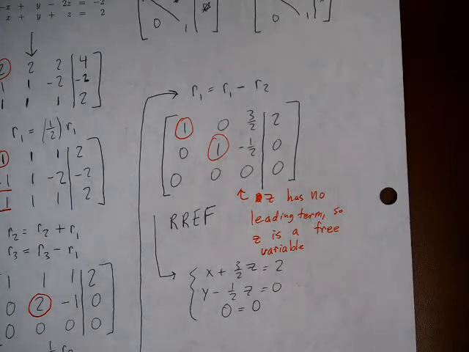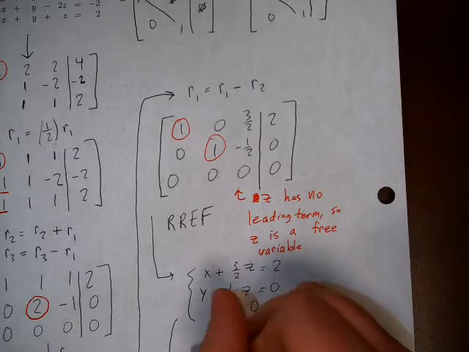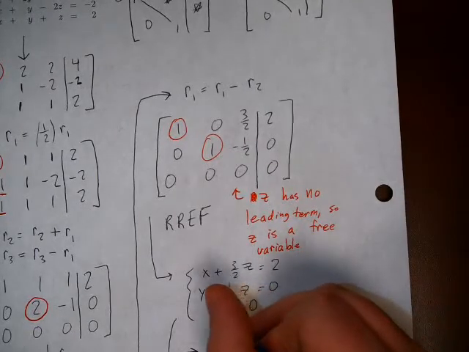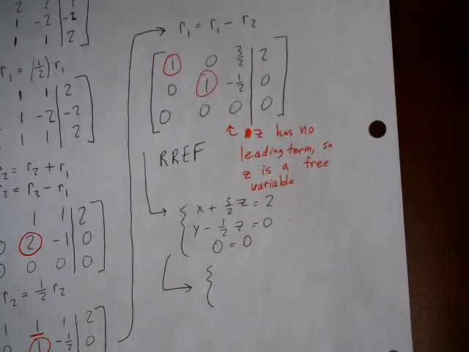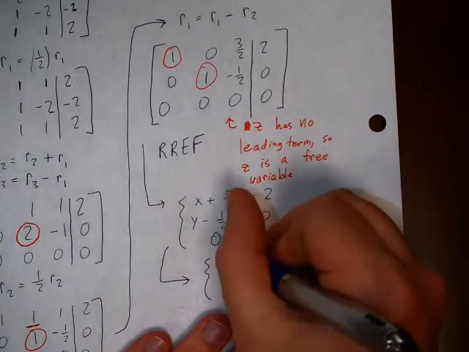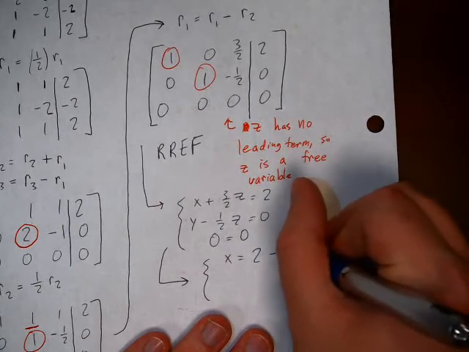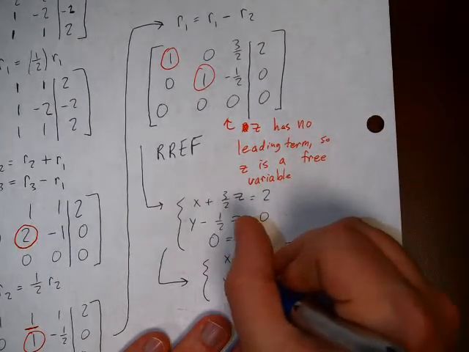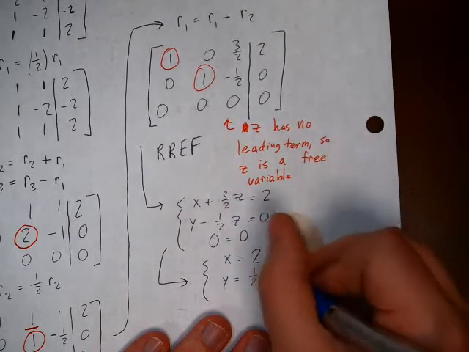And so when we want to write our solution set, we're going to rewrite it so that anything that's not free is on the left, and anything that is free is on the right. So we'll have x equals 2 minus 3/2 z, and we'll have y equals 1/2 z.